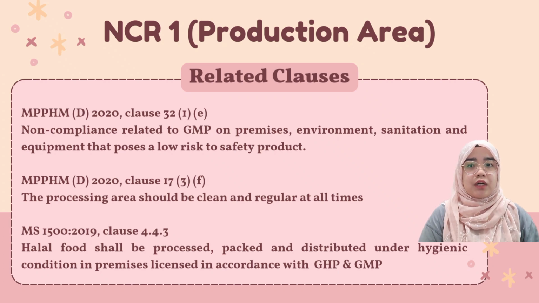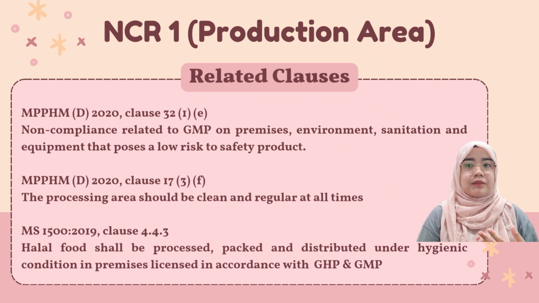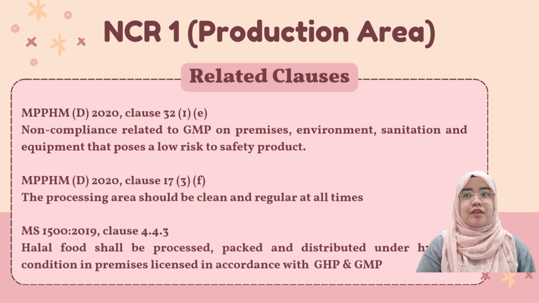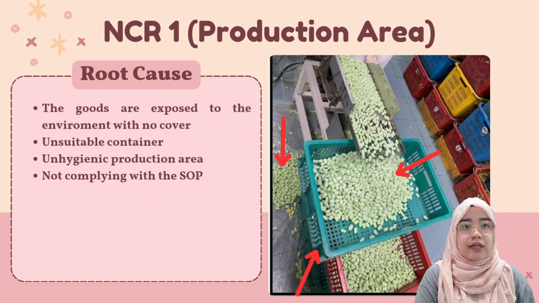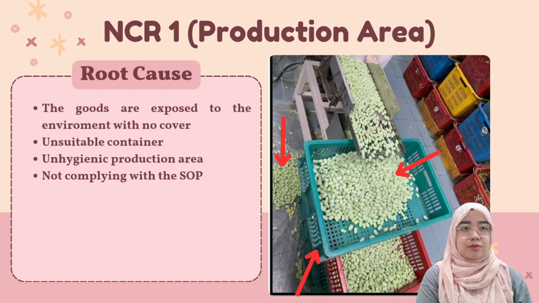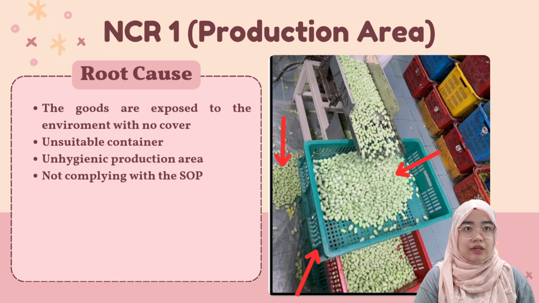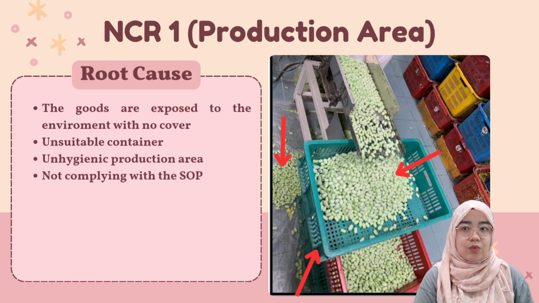Therefore, in the previous picture, we can see that the processing area is unhygienic and it was also exposed to the environment. The root cause of this NCR is the goods are exposed to the environment with no cover, unsuitable container, unhygienic production area, and also not complying with the SOP.